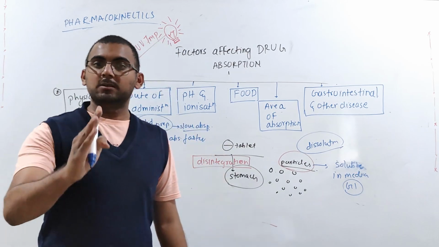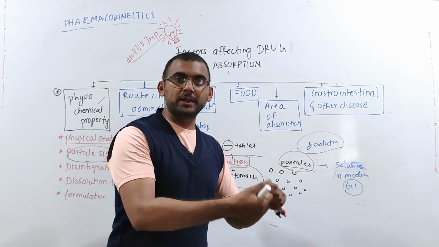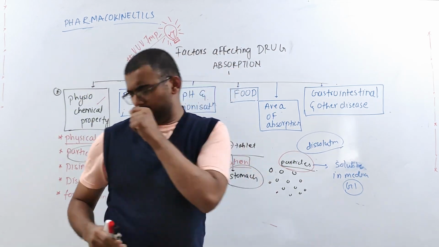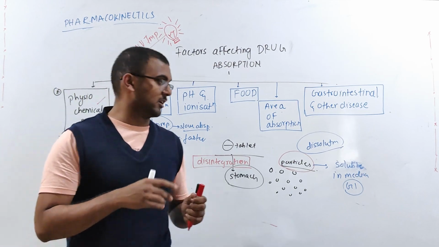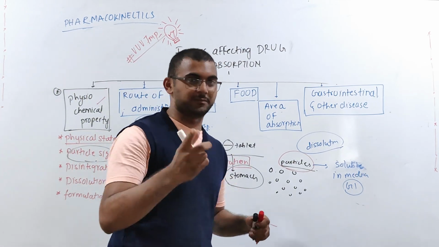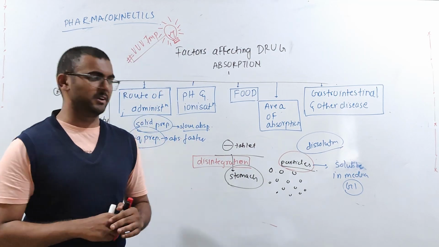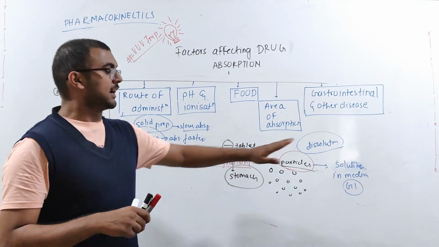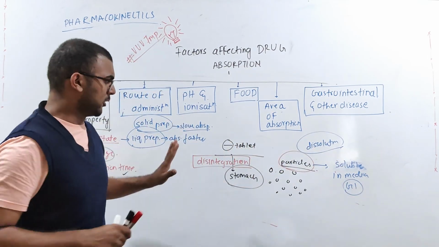Dissolution time means the time taken for the drug particles to be solubilized in the media. Excuse me, sorry for the disturbance, I'm having some health issues, so maybe the next videos will be all corrected. Just try to understand what is disintegration and what is dissolution. I hope it is clear to you, okay.